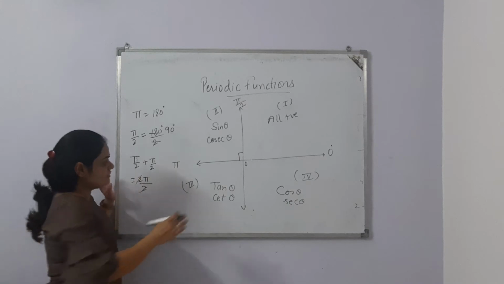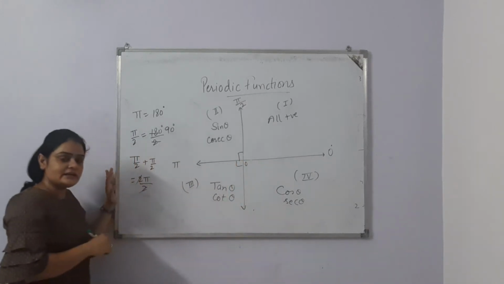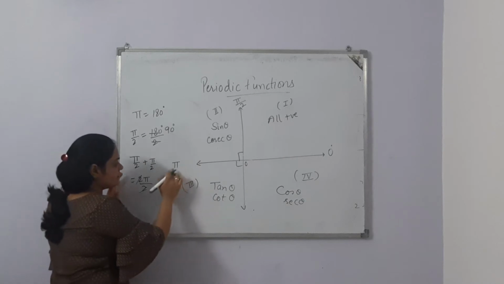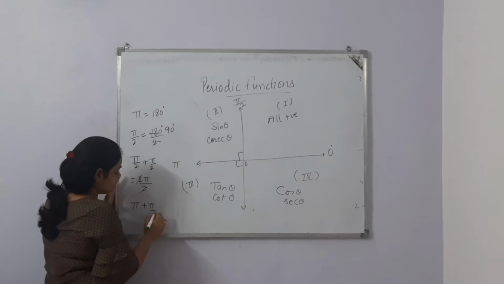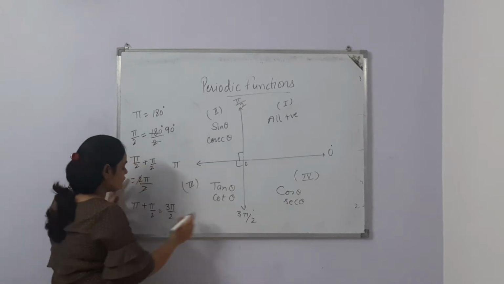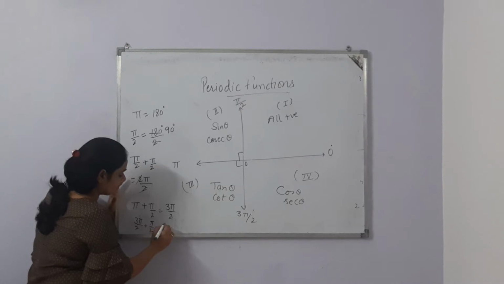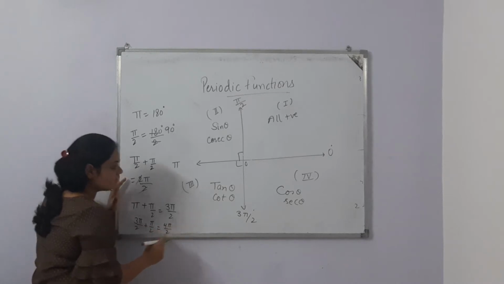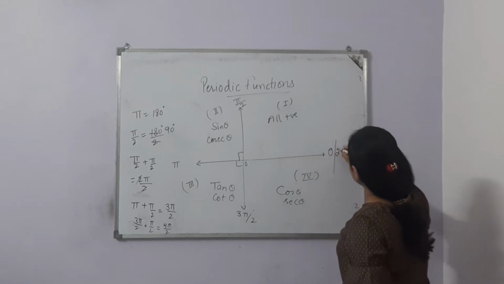Between the negative x-axis and the negative y-axis it is also 90 degree, so adding 90 degree we get 3 pi by 2, and adding another 90 we get 4 pi by 2, which becomes 2 pi. Here again we are getting 2 pi.